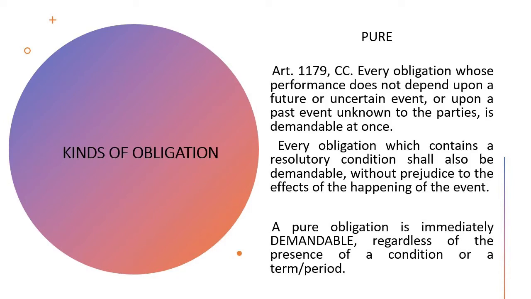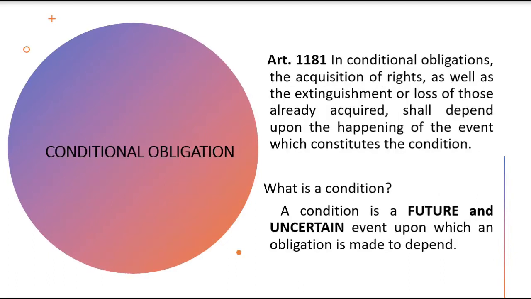First is a pure obligation. It is one whose effectivity or extinguishment does not depend upon the fulfillment or non-fulfillment of a condition or upon the expiration of a term or a period, and which as a consequence is characterized by the quality of immediate demandability. The second kind of obligation is a conditional obligation.